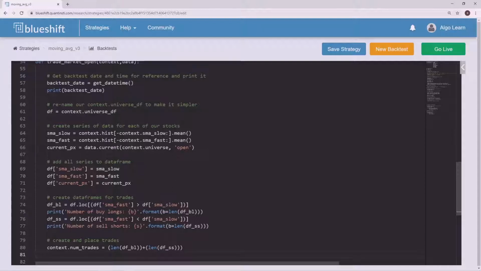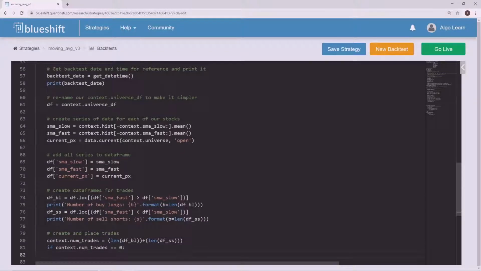So if context num_trades equals 0, basically if there's nothing in our data frames, and really the only way that can happen in this case is if the fast line equaled the slow line for both Apple and Deere, then our context dot weight would equal 0.